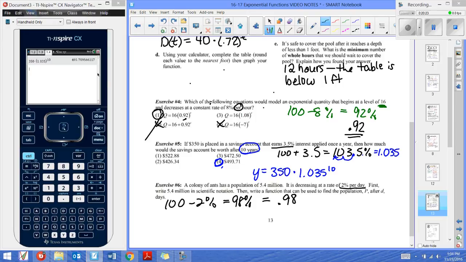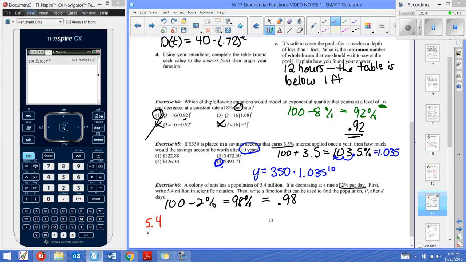We first need to write 5.4 million in scientific notation. Oh my goodness, this is bringing back the memories. What is 5.4 million anyways? Maybe this will help us to see.